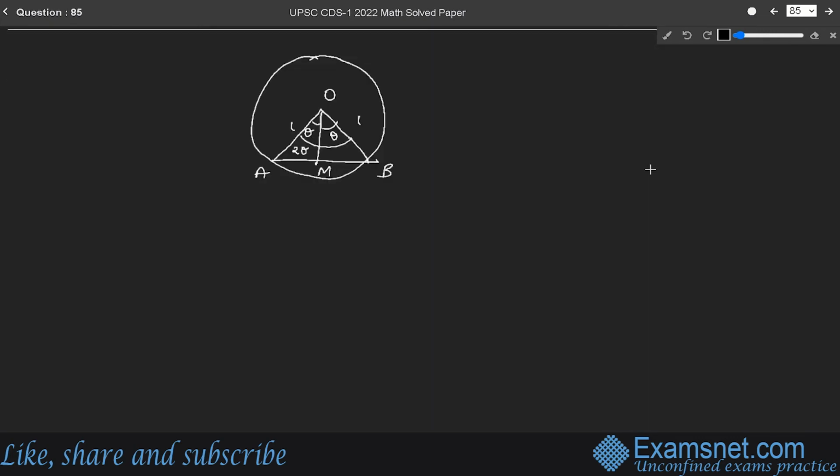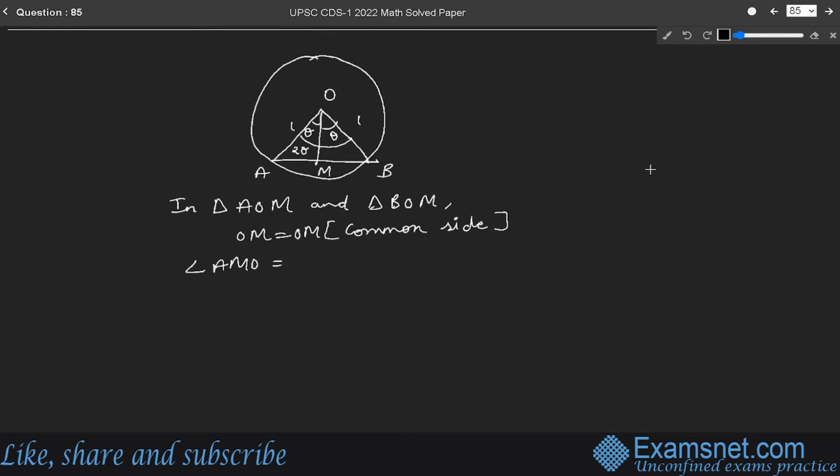Now, in triangle AOM and triangle BOM, we see that OM is equal to OM. This is a common side in both the triangles, and angle AMO is equal to angle BMO is equal to 90 degree since it is a perpendicular, and also OA is equal to OB, and they are the hypotenuse of the triangles, so they are equal.